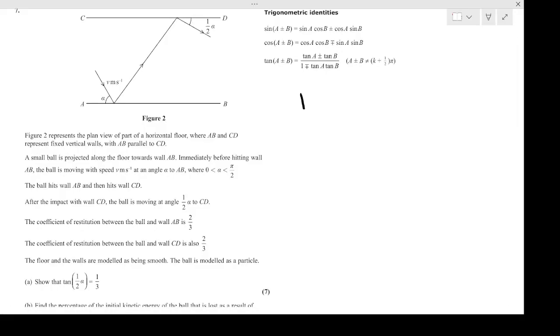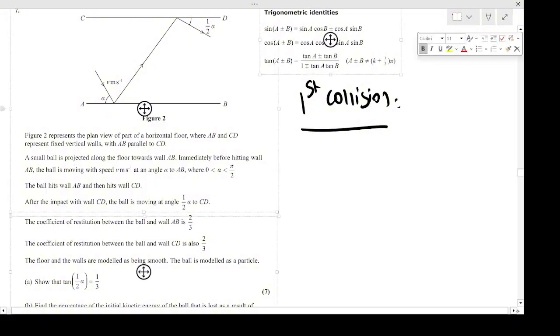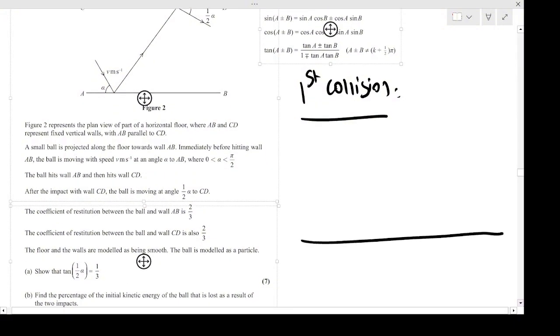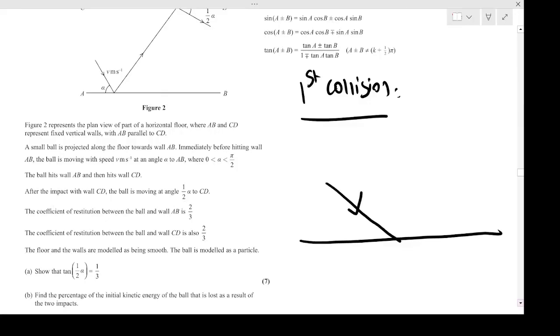So if I consider the first collision first of all, that's going to be here. We approach this floor here with speed v at an angle alpha. Then it's going to rebound with some speed, I'm going to say w, and at an angle beta. At that point, I'm going to do my components.